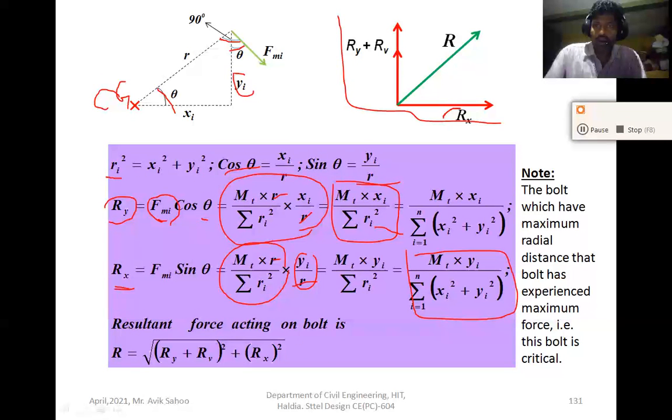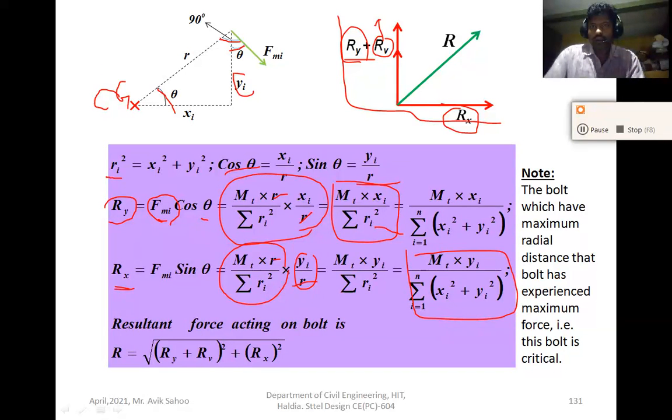The horizontal component is rx, and ry is a bending force, and this rv is also a vertical component, vertical force induced due to direct force. So that's why we simply add it. These two forces are represented on the vertical axis, and the horizontal component of the bending force is represented on the x-axis.